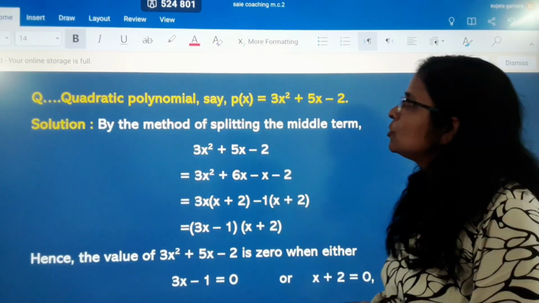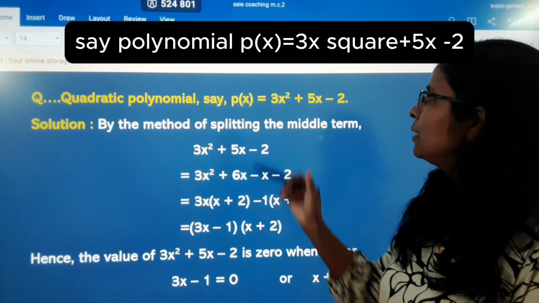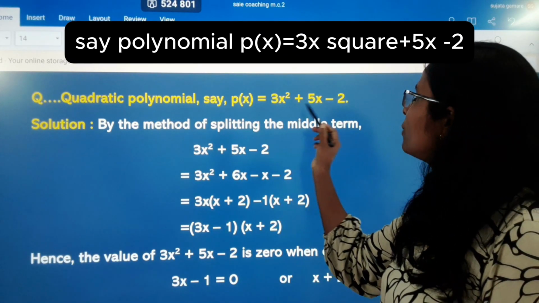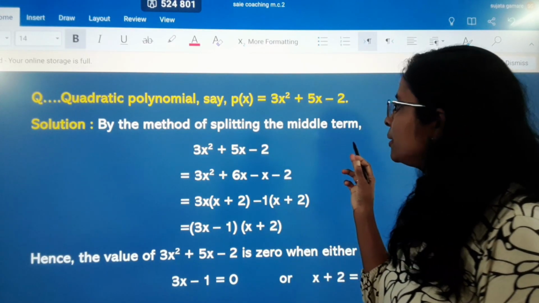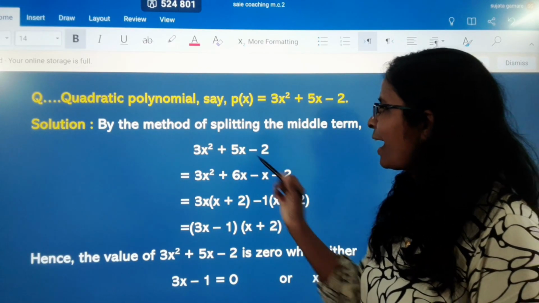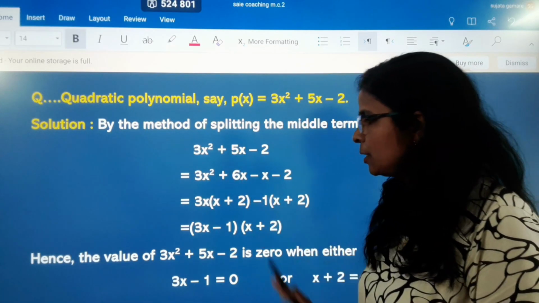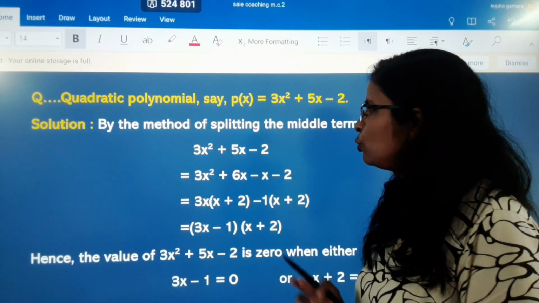Let us see. Now say that there is a polynomial 3x square plus 5x minus 2, to be factorized by the method of splitting the middle term. Here the middle term is 5x, and the polynomial is p of x, which is equal to 0.